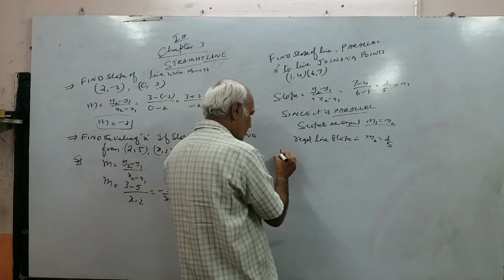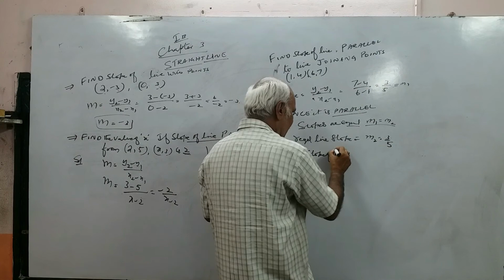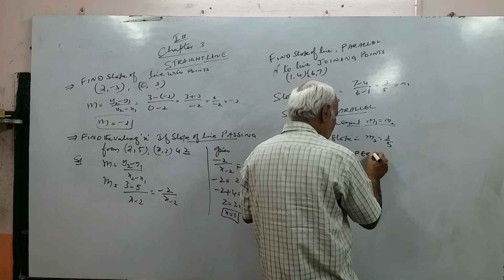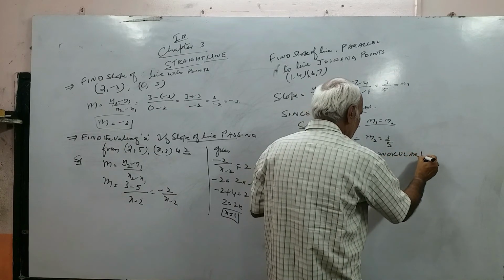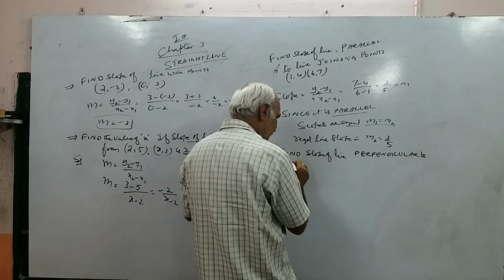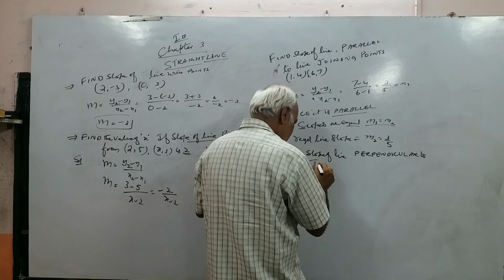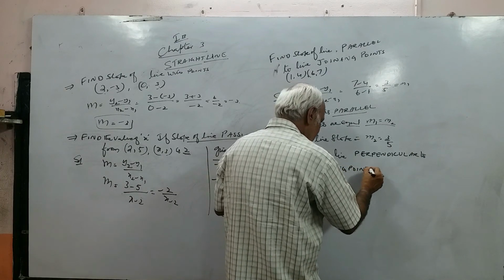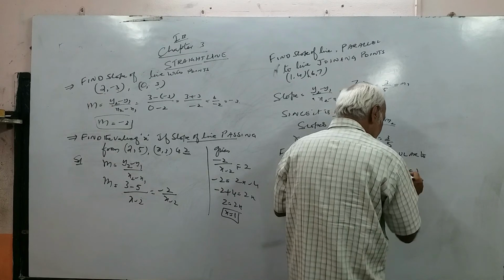Okay, one more problem. Find the slope of the line perpendicular to the line joining the points 1 comma 7 and 3 comma 8.